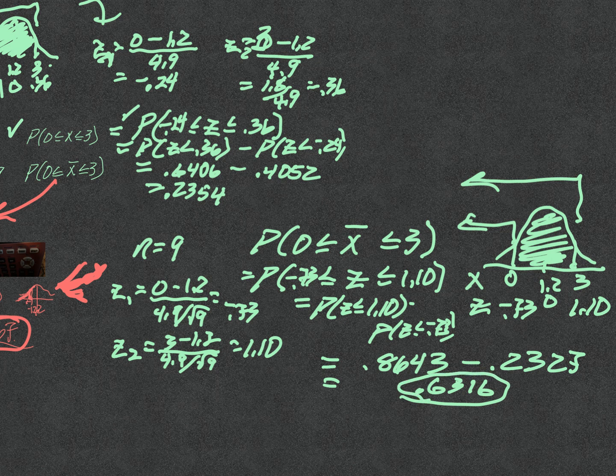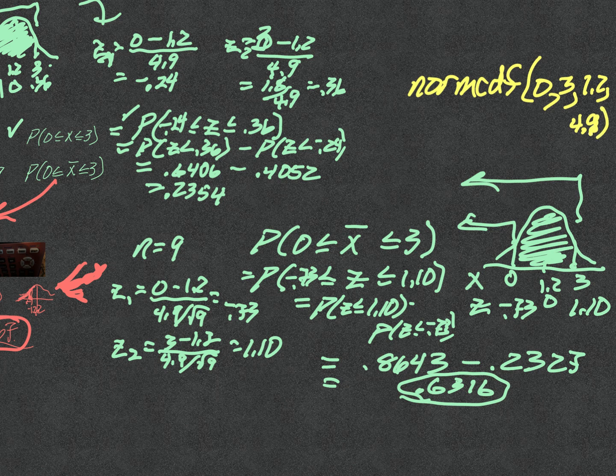Now, each of these problems can be done using a calculator as well, so we want to at least do that to check. So normal CDF, the first problem, we're going to go from 0 to 3. The mean is 1.2, and the standard deviation is 4.9.